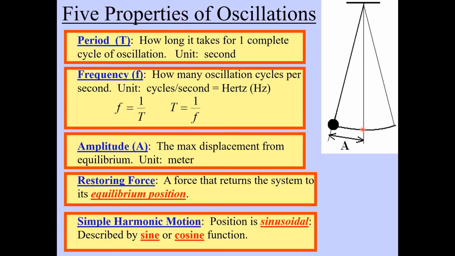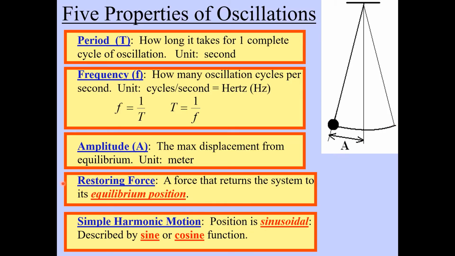So the amplitude is defined as the maximum distance that the pendulum moves from the equilibrium position. So this displacement here from here to here is the amplitude, or we could have measured it over here from the equilibrium position to the farthest position on the right.